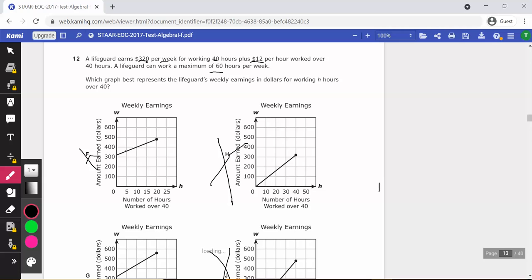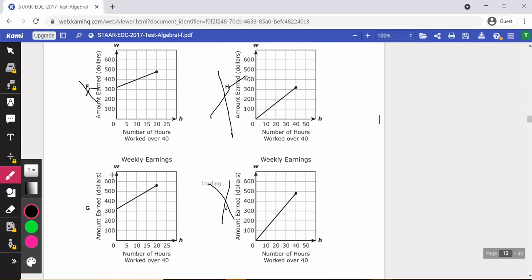So 320 plus 60 equals 380. And I looked at the graph. You can keep doing this for 10 hours, 15 hours, and 20 hours, but I analyzed the graph and saw which one is closer to 380. This one to me is like 350, and this one is more like the 380 range. So I chose G.